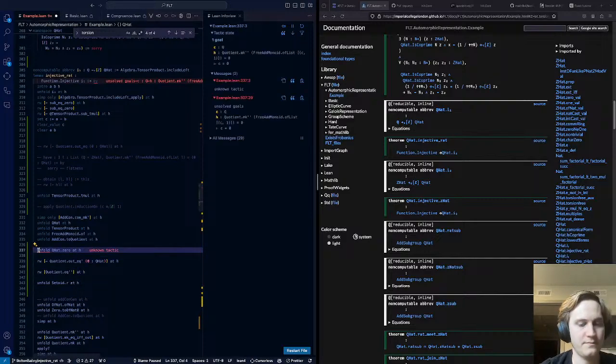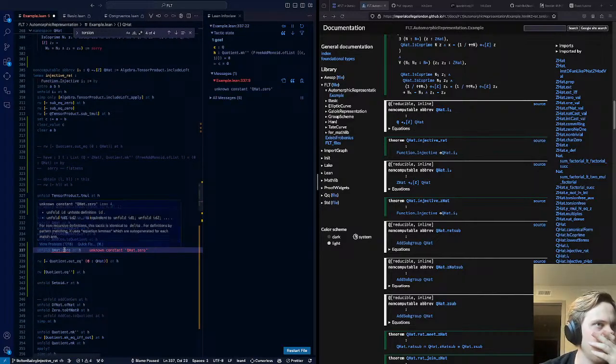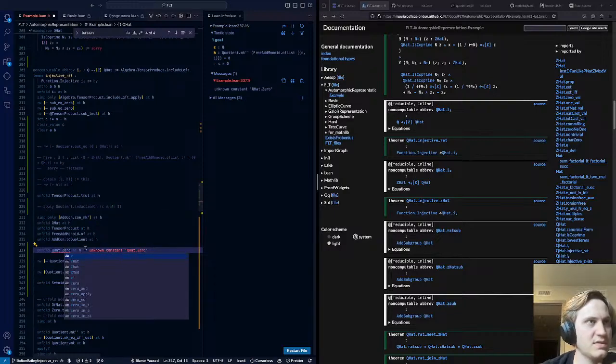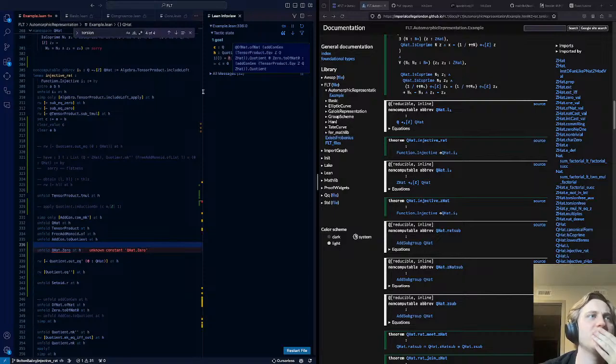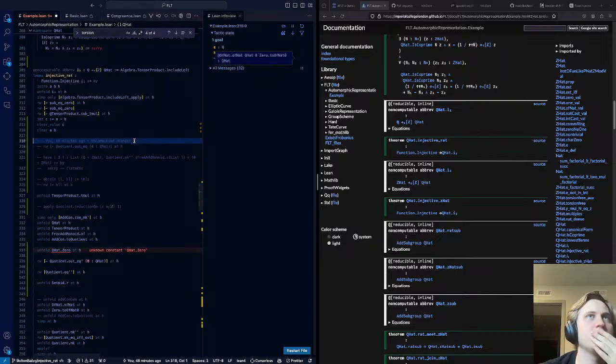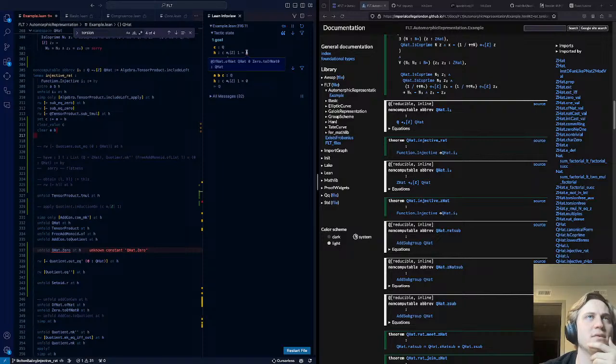Sorry, I need to capitalize things. Maybe it's this. Sorry, so what is it representing to me? So it has this OfNat Q hat 0.